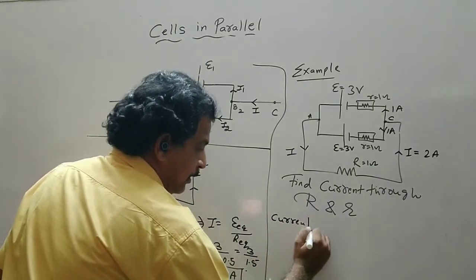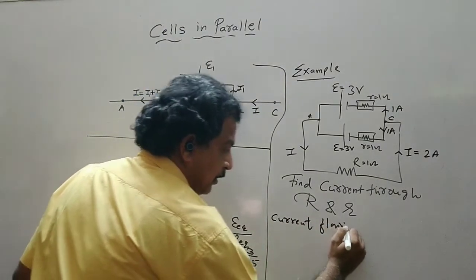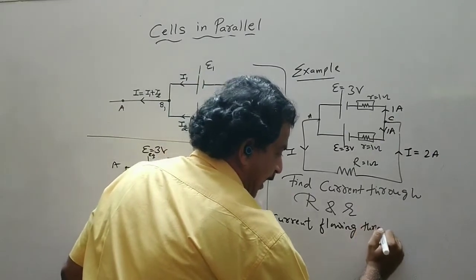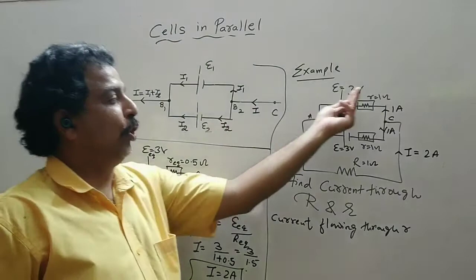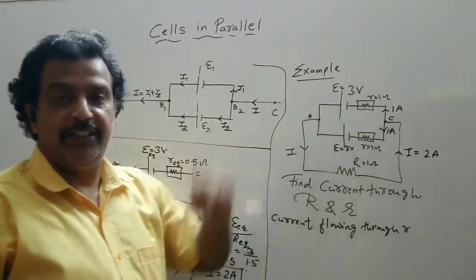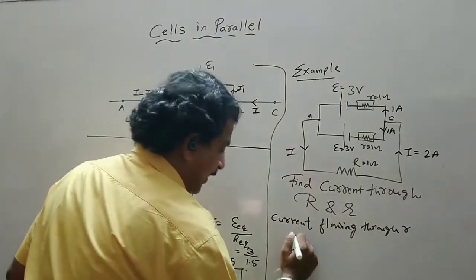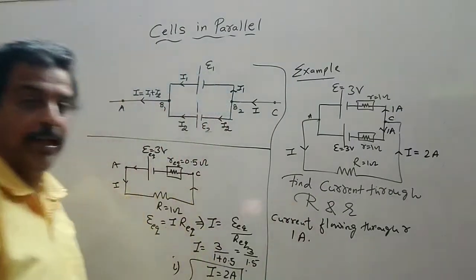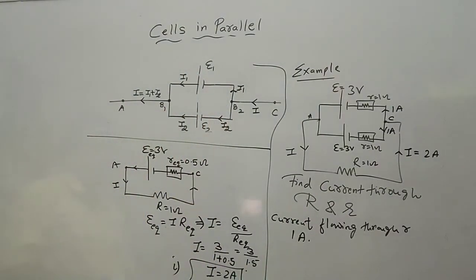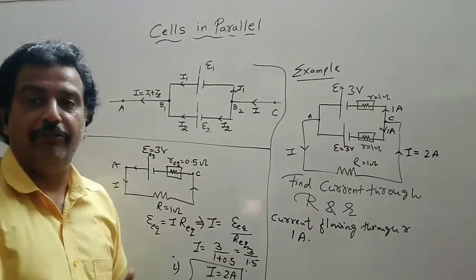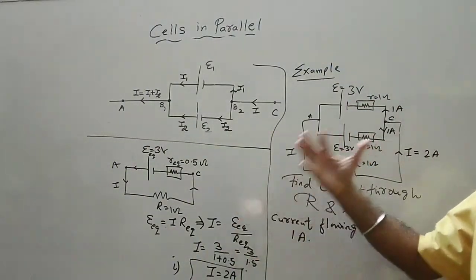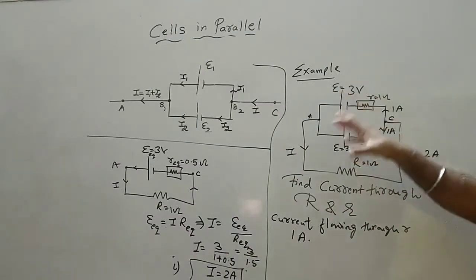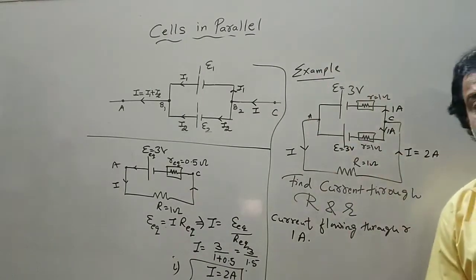Current flowing through small r, or you can say current drawn from each cell, is 1 ampere. So this is directly the application of Ohm's law and the concept of cells connected in series or parallel.